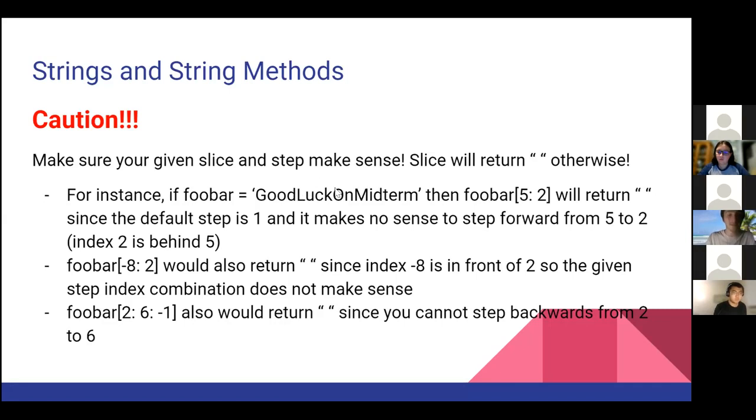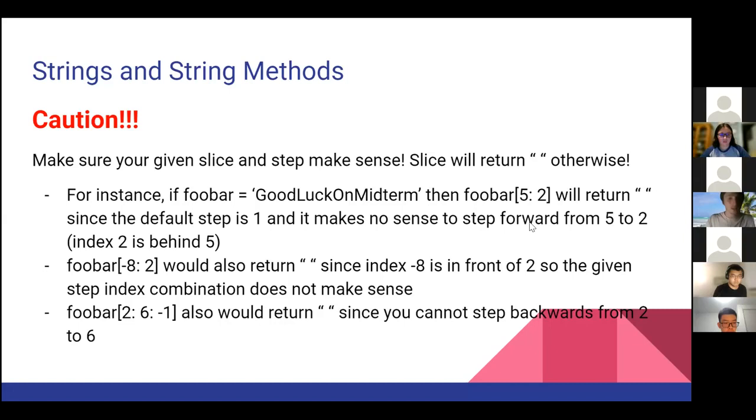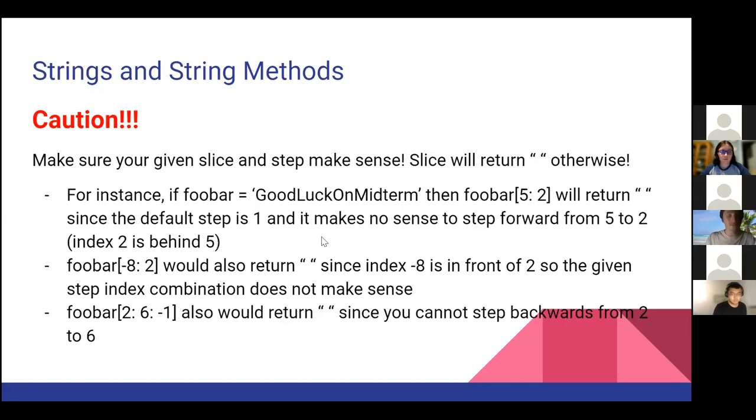I can't get to index 2 from here going forward, since the default step is 1. So it's just going to return the empty string in this case because our given step and slice doesn't make much sense.